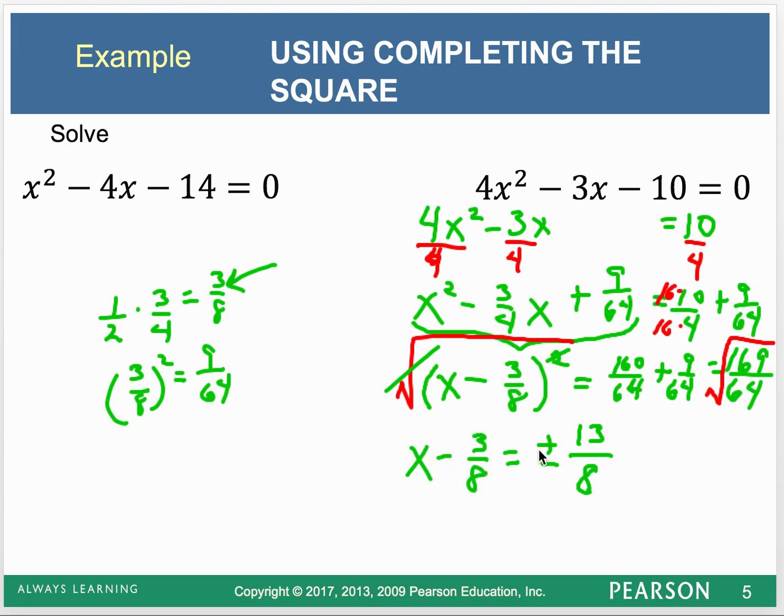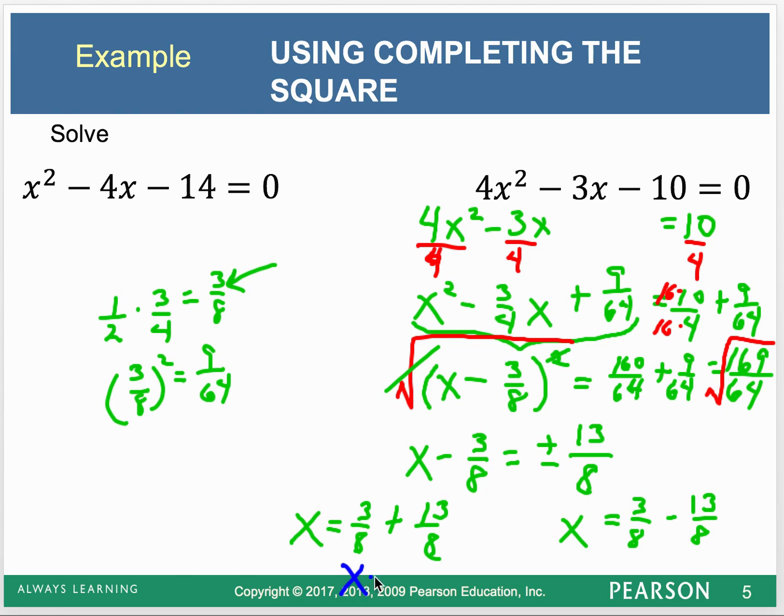Now, I've got a plus or minus, so notice this is really two numbers here. So I'm going to have x equals 3/8 plus 13/8, and x equals 3/8 minus 13/8. And I've got to separate that and get my two separate values. They've got common denominators, so all I got to do is add those numerators.